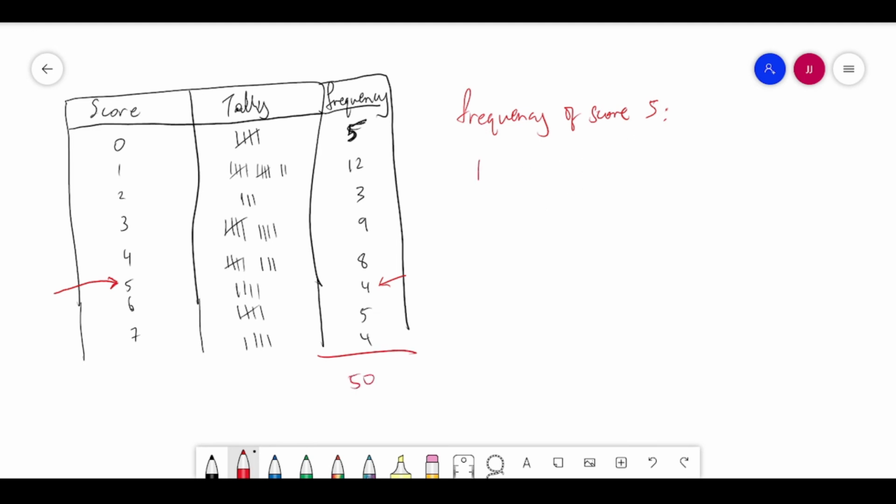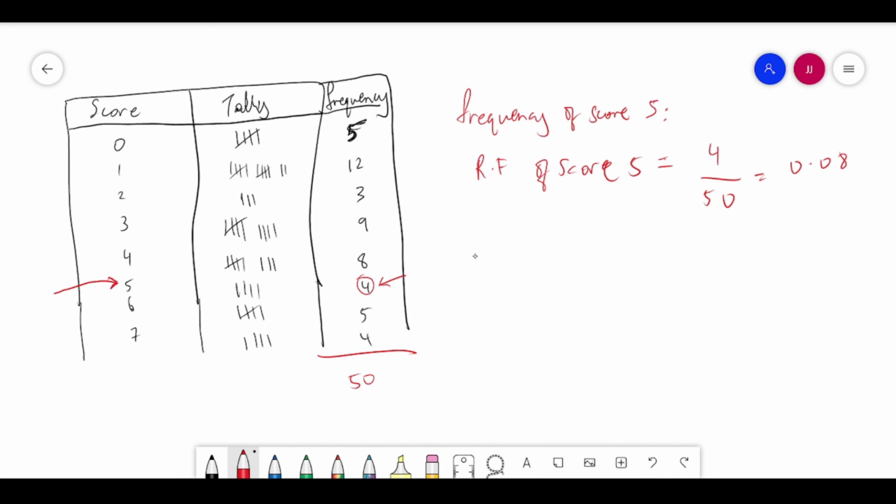So putting this into the formula, the relative frequency of score 5 is equal to the frequency of the event, which in this case is 4, over the total frequency, which is 50, which will basically give us 0.08 when we divide it, when we get the final answer.